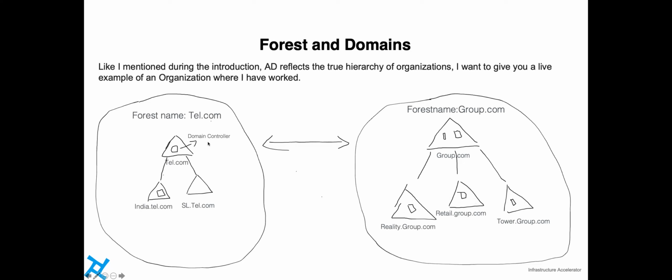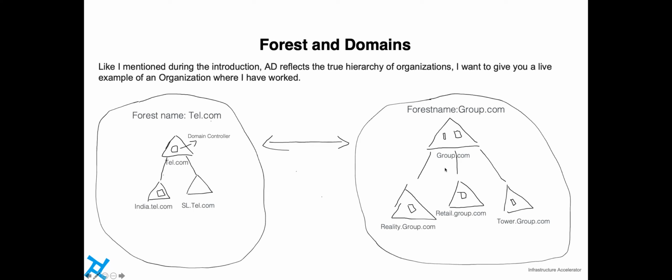And honestly speaking, at a later time, there was a plan that this domain actually has to be migrated under here. Now I'm talking about Active Directory migration because initially they created it thinking that they would remain in telecom. They named their root domain as this and they created the child domains as this.